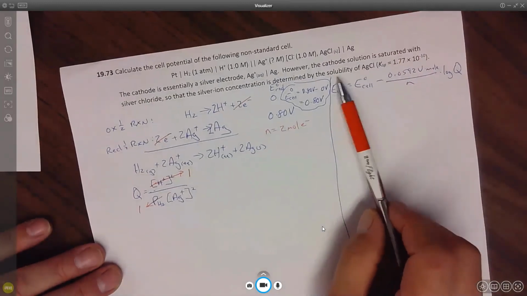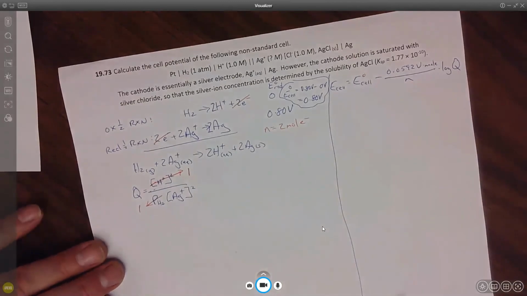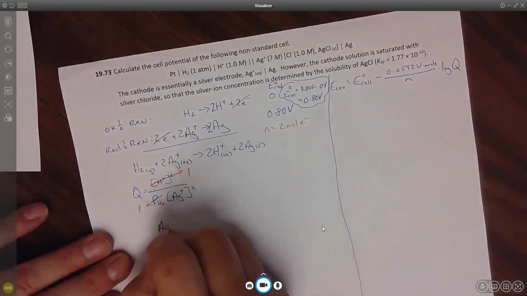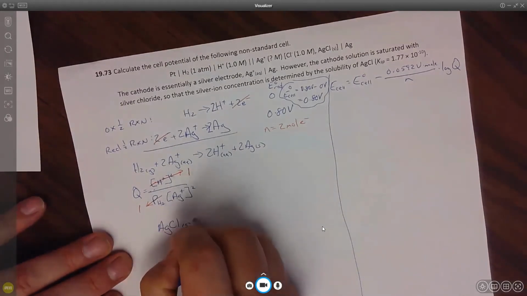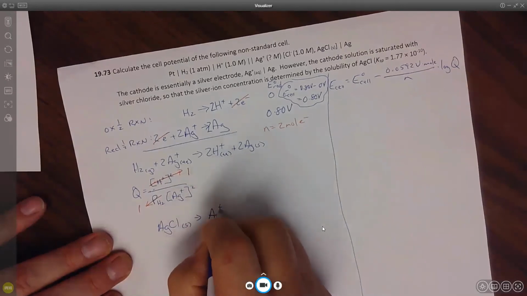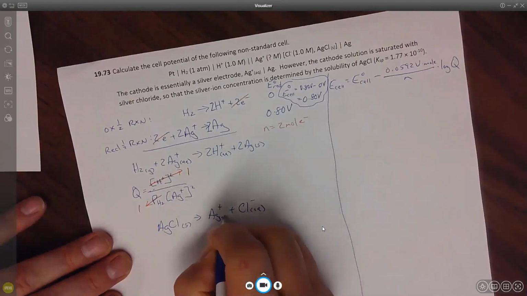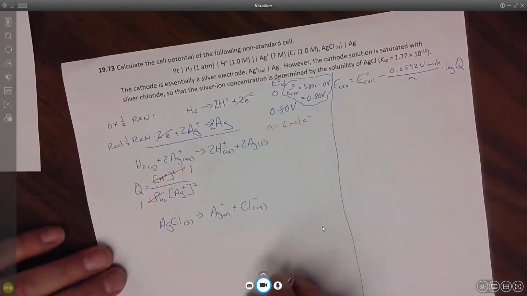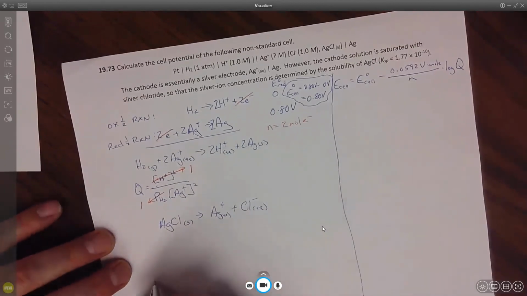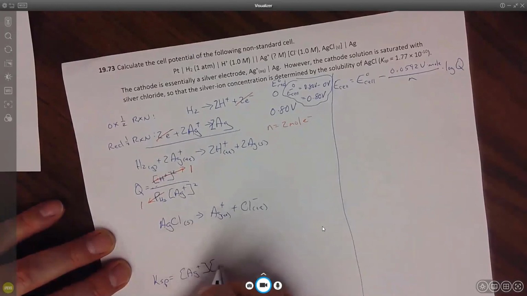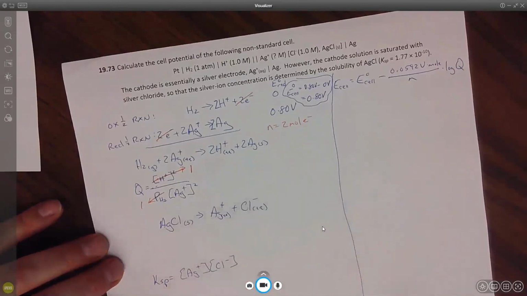It's going to come from the solubility of the silver chloride. So we have the silver chloride solid going to the silver plus chloride ion. And the KSP for this reaction is going to be the silver ion concentration times the chloride ion concentration.